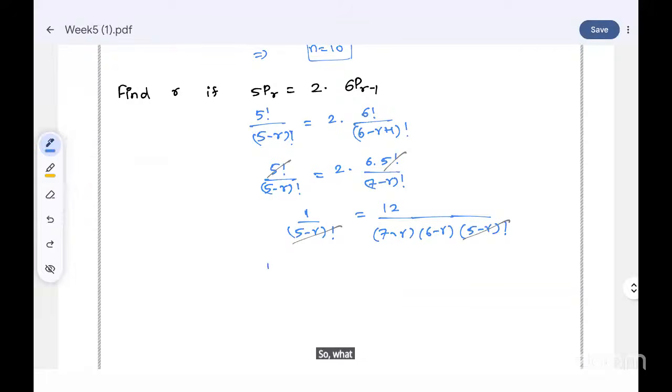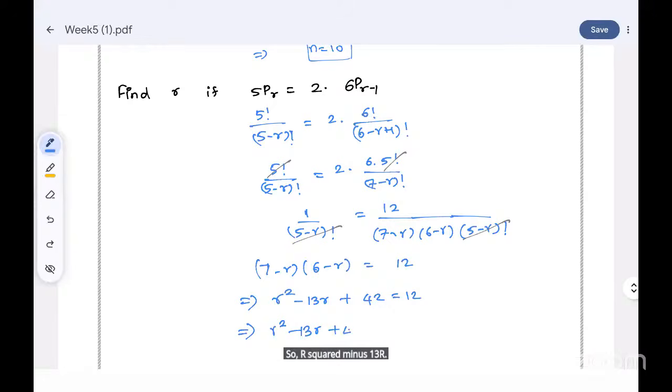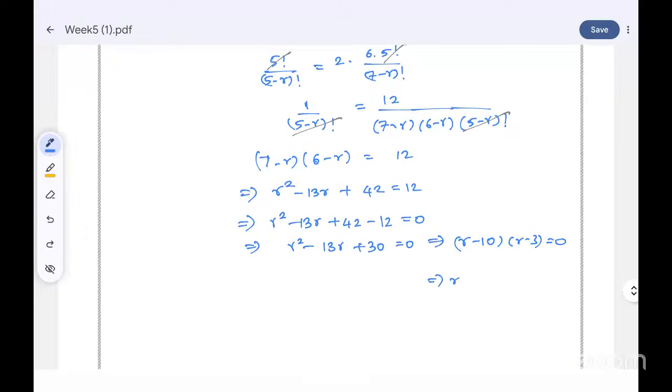So what will be remaining? 7 minus r into 6 minus r equal to 12. So you have r square minus 13r plus 42 equal to 12. So r square minus 13r plus 30 equal to 0. So what are the roots? r minus 10 into r minus 3 equal to 0. So you have r equal to 10 or r equal to 3.